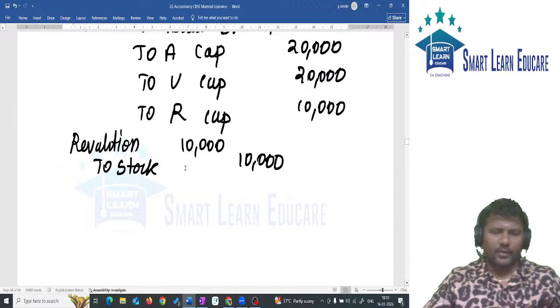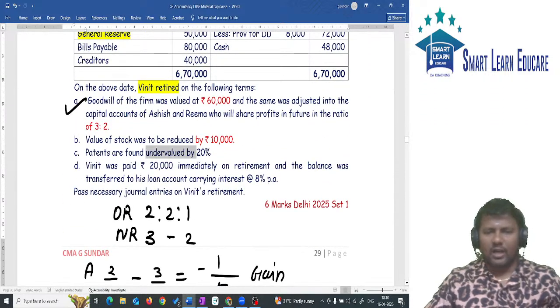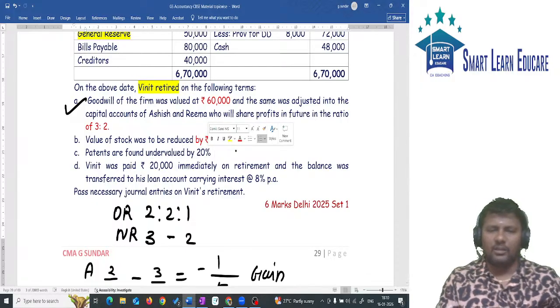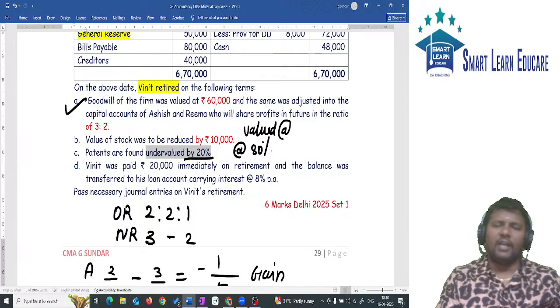Now comes the important adjustment. What is the important adjustment? Undervalued by 20%. When they say it is undervalued by 20%, the meaning is the stock is valued at 80%.